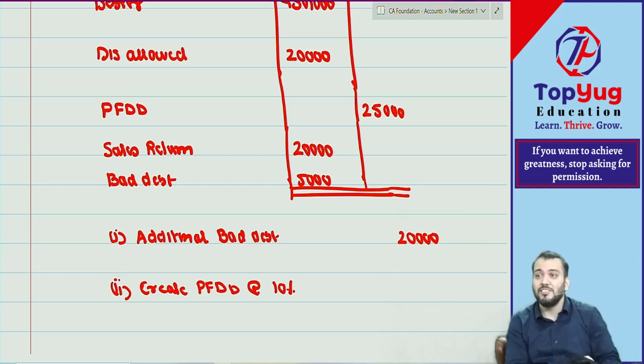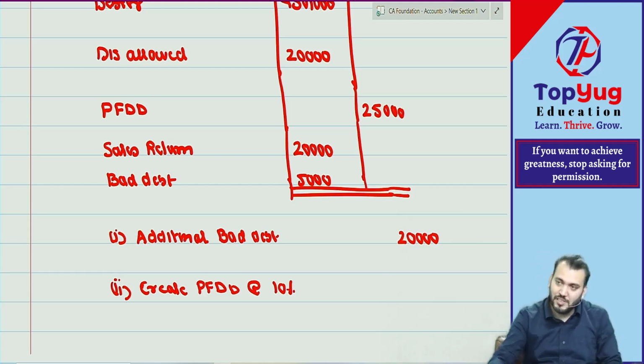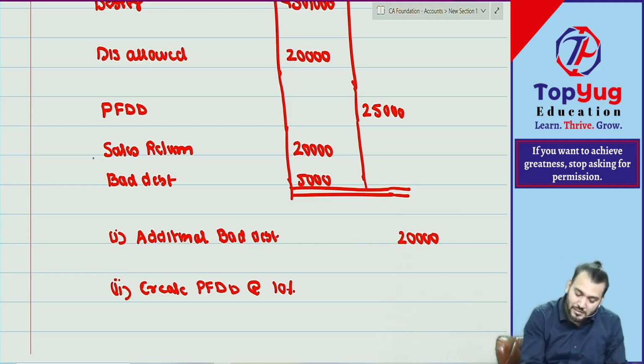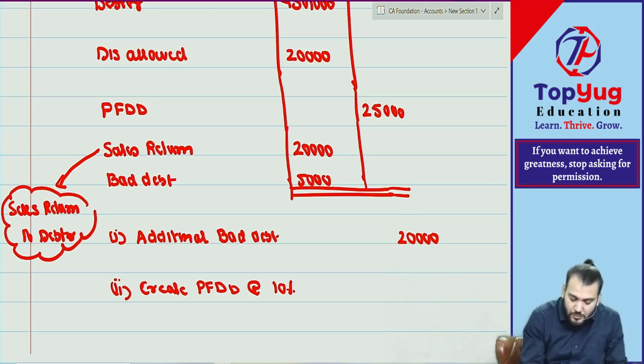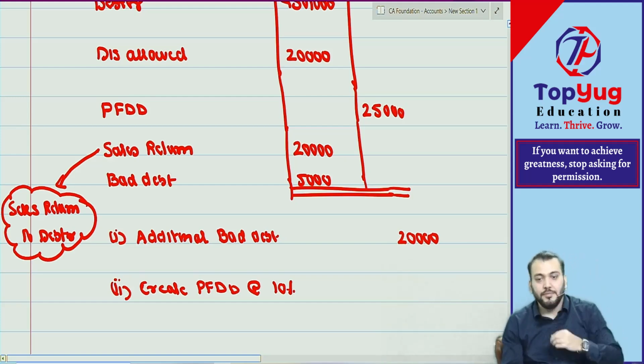Sales return account debit to debtor account. Wow, wow. We have done this journal entry, huh? This is lack of revision, everything. Let us sales return to debtor. Do by your own. Sales return account debit to debtor.